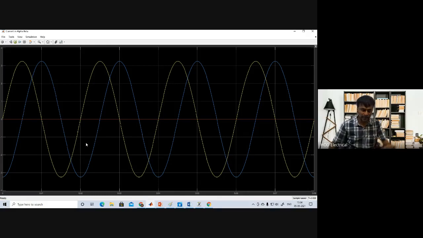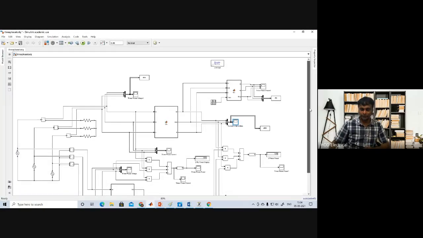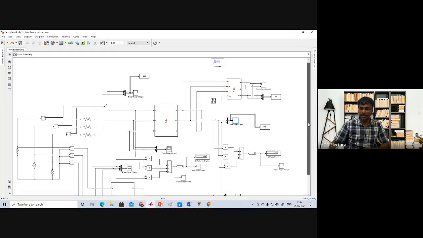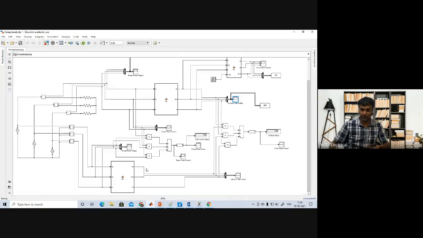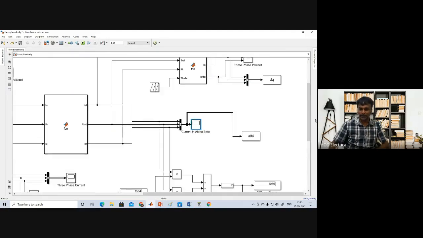But with our derivations it will be leading, so accordingly we have to change the theta angle. I will let you know how to do everything. For the remaining, you can refer to the previous video on why I have chosen this power variation, and for understanding the non-power invariant and power invariant transformation. I have used this conversion. So let me concentrate on my case here.